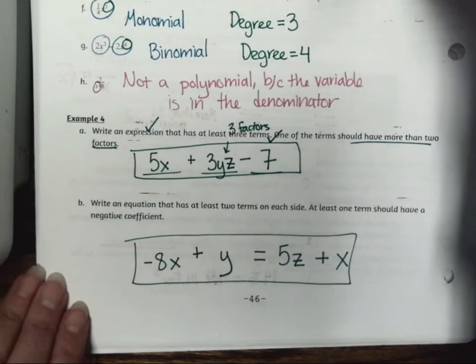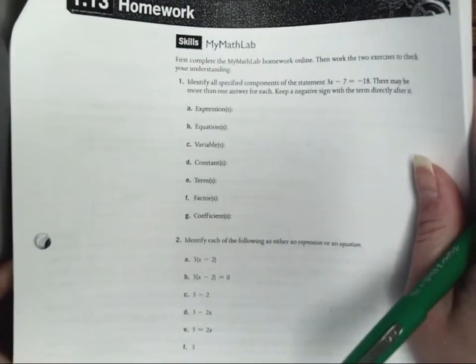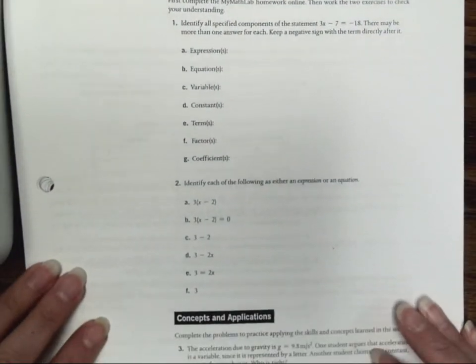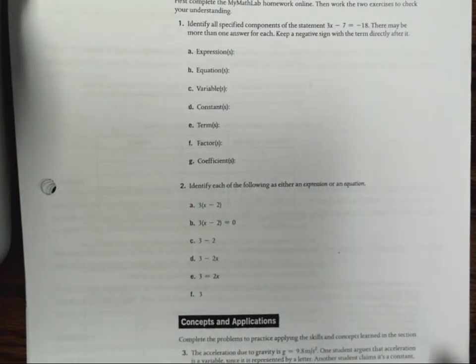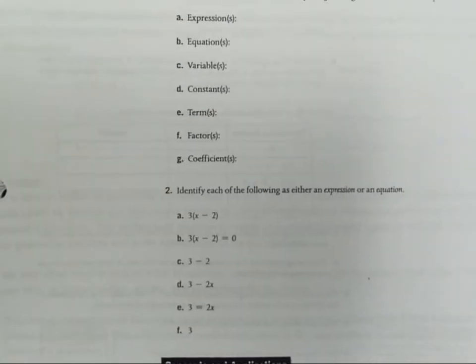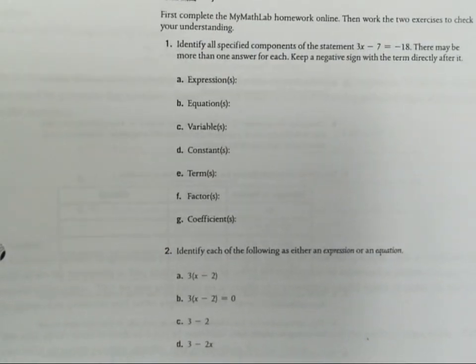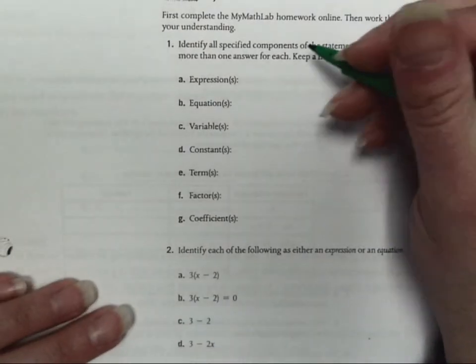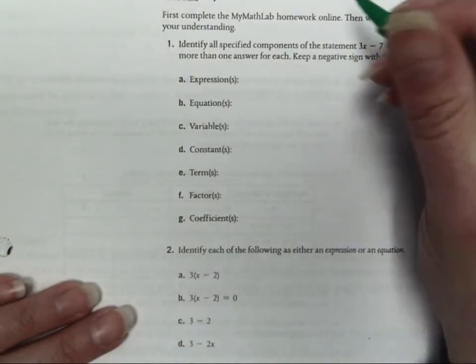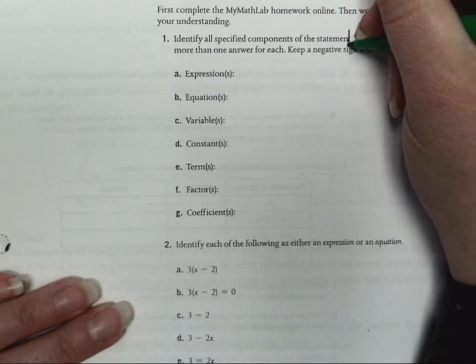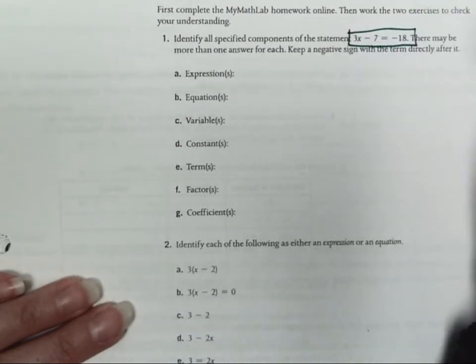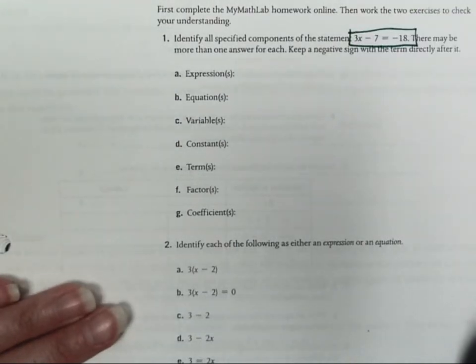Okay. Go ahead and turn the page. We're going to do just a few of these just to give you guys a little bit of practice on identifying the different parts. Okay, so for number 1, it says using 3x minus 7 equals negative 18.